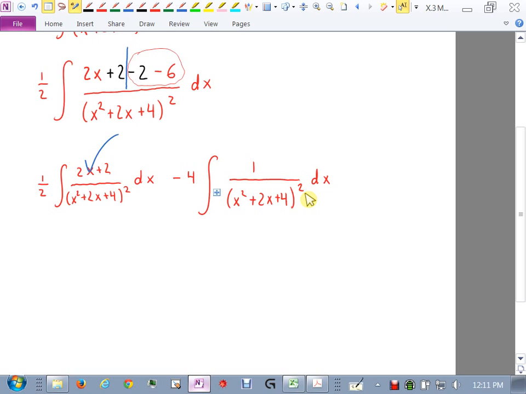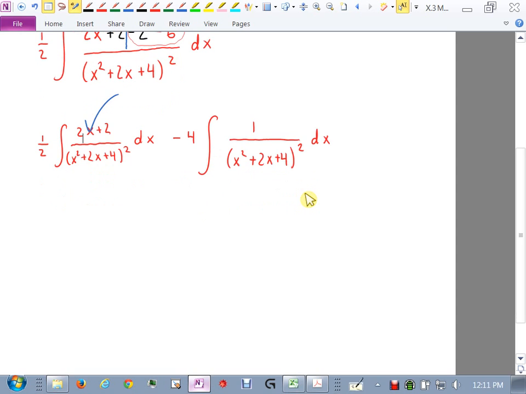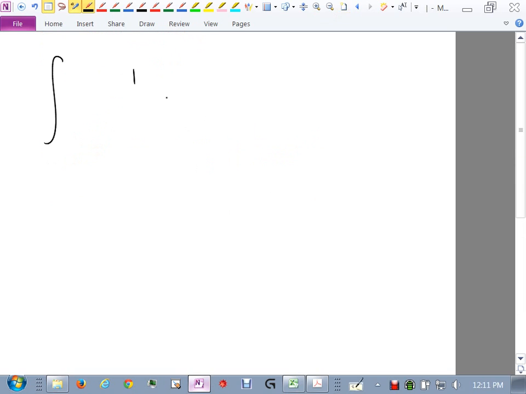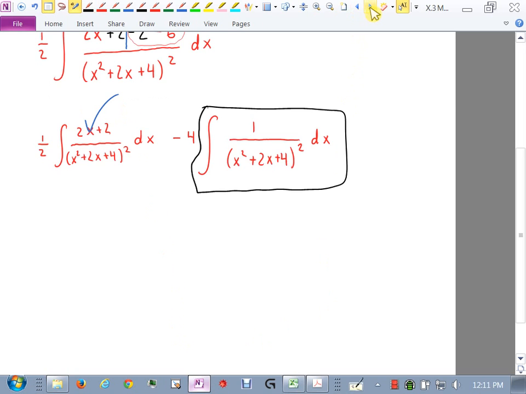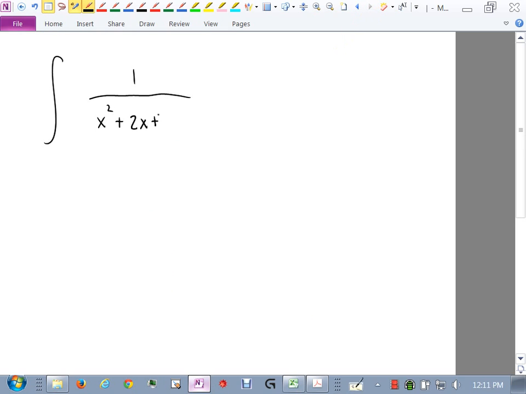See where it leads us? Let's just try it, okay? I'm doing this problem, taking it to a new page. Integral 1 over x squared plus 2x plus 4 squared dx.